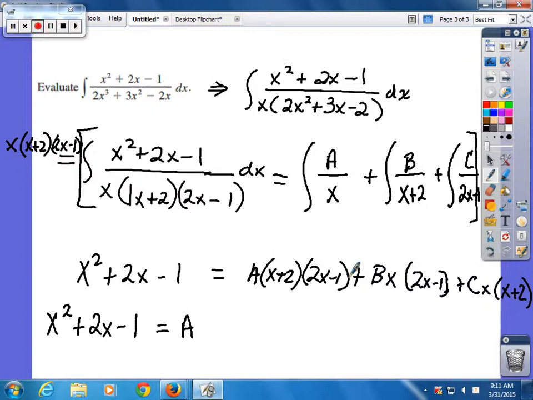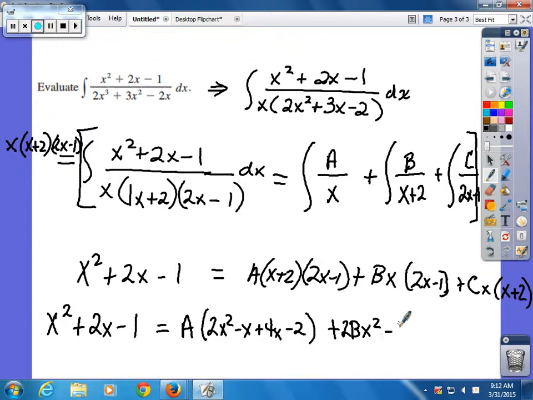So that A is going to be multiplied, what does this come out to be? 2x squared minus x plus 4x minus 2. And this right here is going to be plus bx, and bx times 2 would be 2bx squared, minus what?